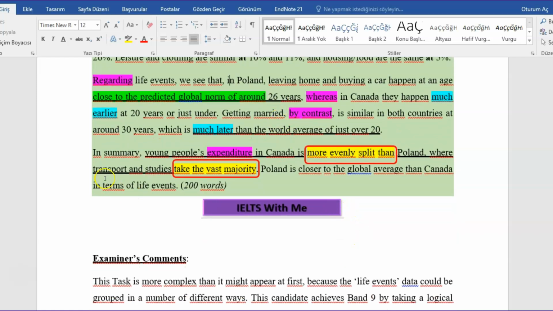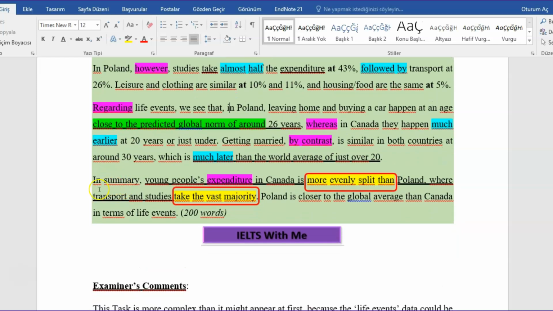And at the end, in summary, young people's expenditure in Canada is more evenly split than Poland. I mean that they spend money on the areas at the same amount.